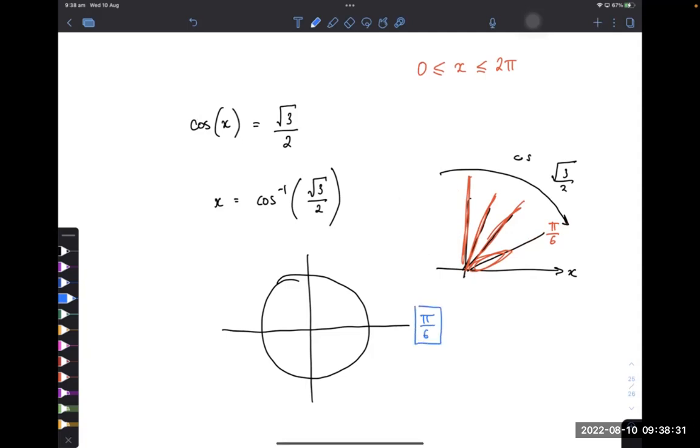So notice here, I write pi on 6 on the side there. Is this a positive √3 on 2 or negative √3 on 2? Positive. Which quadrants should I land in? So it's positive. So cos is positive. A and C for cos, right?